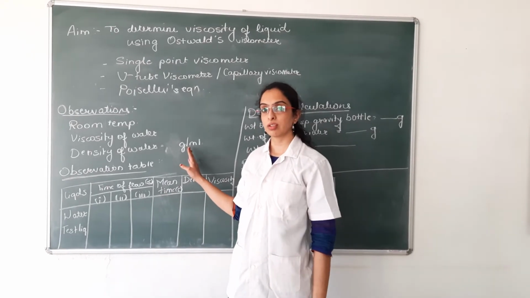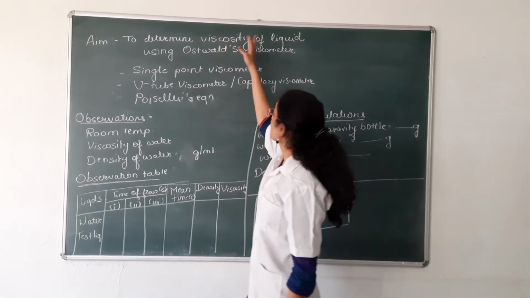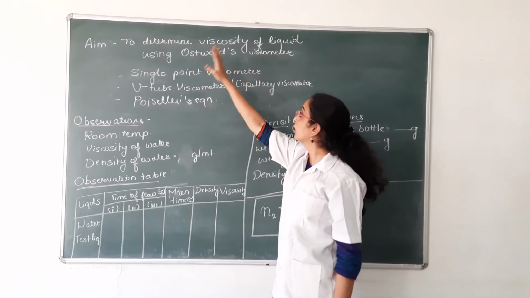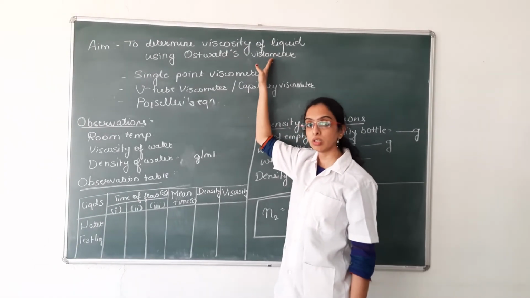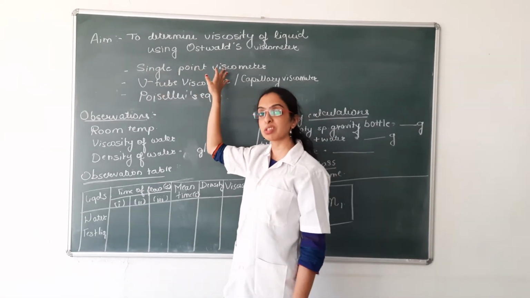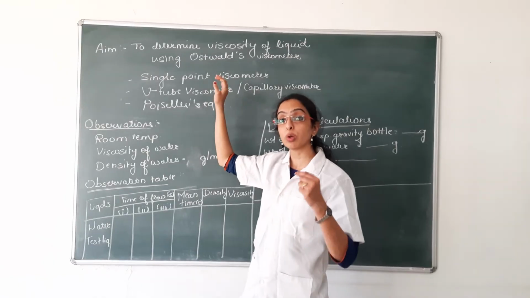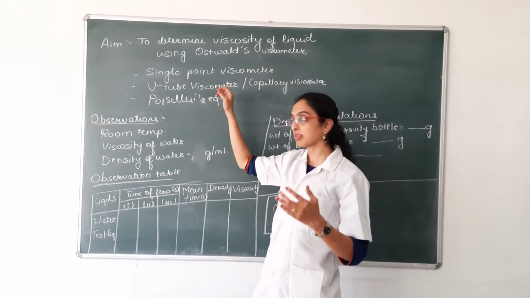Hello students, today we are going to see how to determine the viscosity of given liquid using Ostwald viscometer. Ostwald viscometer is also known as single point viscometer, that is, with the help of one single reading you can draw the rheogram as discussed earlier.